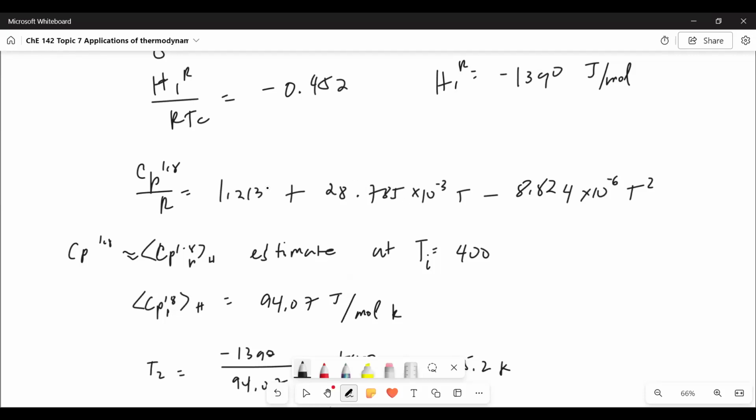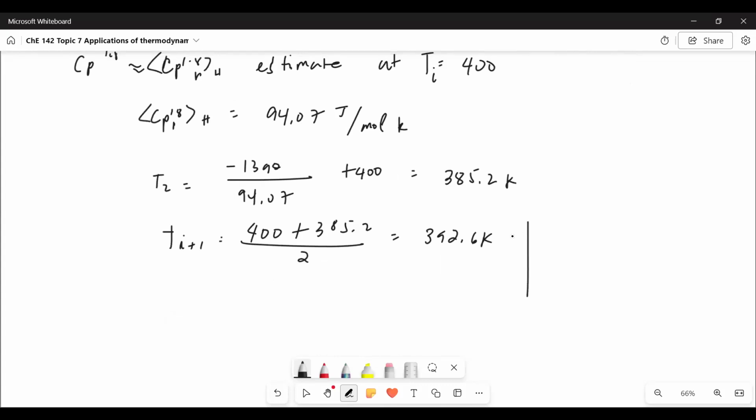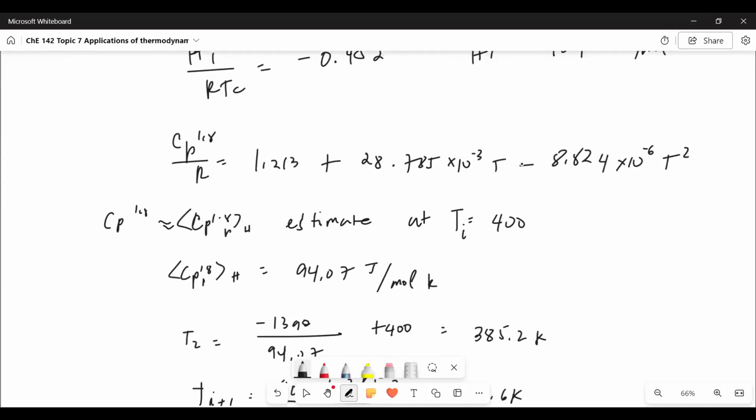After that, you will get a value for CP. The next CP iteration, using this as temperature, gives 92.73 joules per mole Kelvin. Substituting this into the equation, you will get the next estimate.